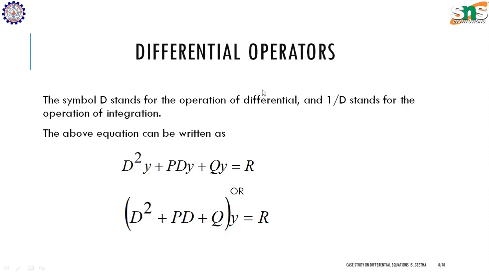Differential operators. The symbol D stands for the operation of differentiation and 1/D stands for the operation of integration. The above equation can be written as D²y + pDy + qy = r, or (D² + pD + q)y = r.